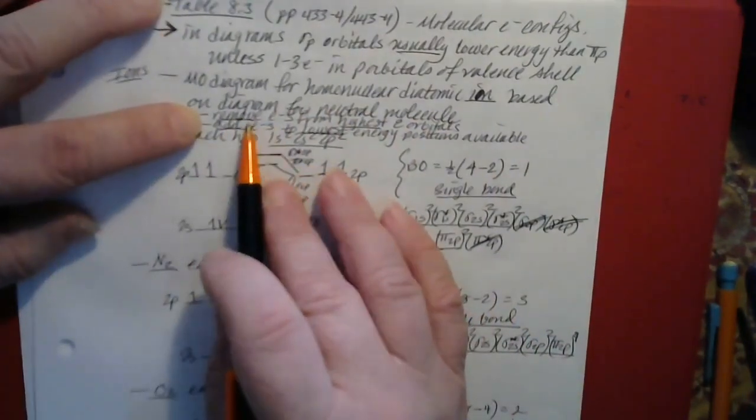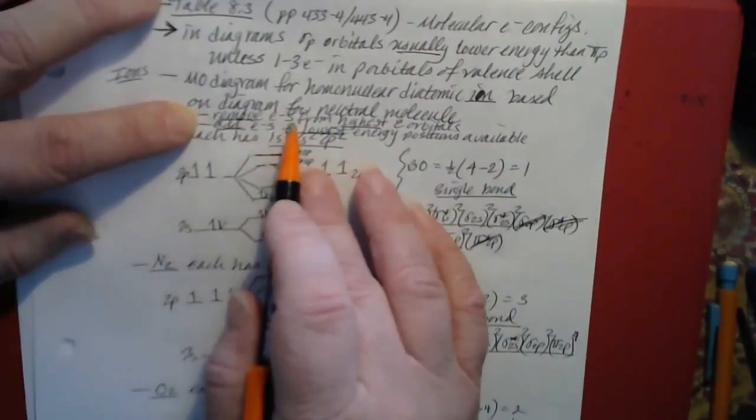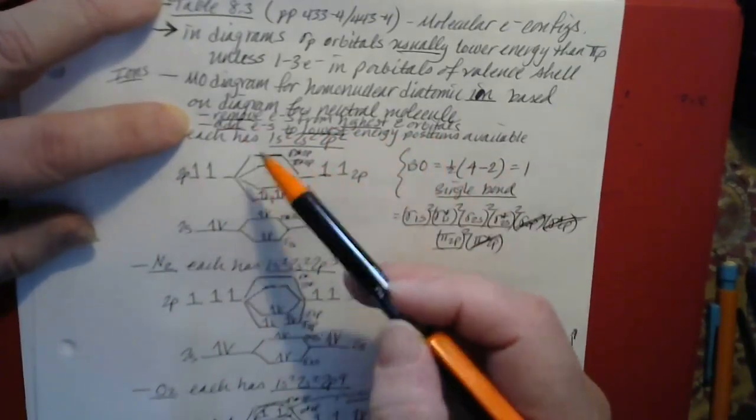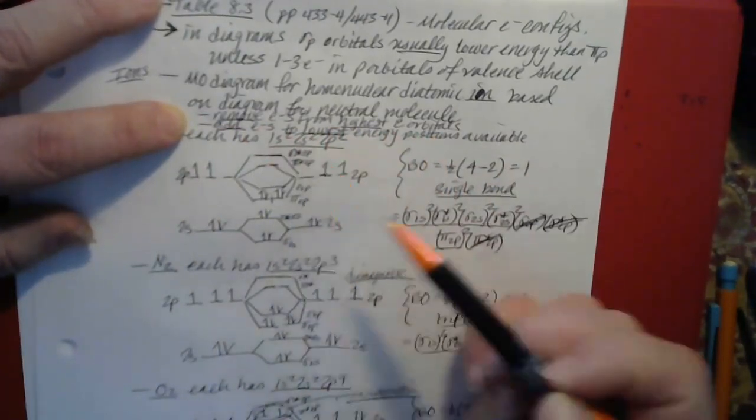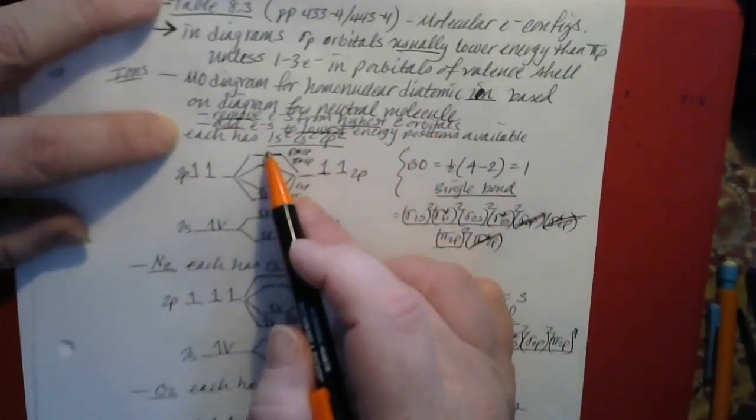So if you have to remove an electron to form the ion, that is if it's a cation or positive ion, then you remove the electron from the highest energy orbital present. So in this top example here, that would be this one right here, the sigma star 2p antibonding orbital. That's where the first electron out would come from, if there were an electron there.